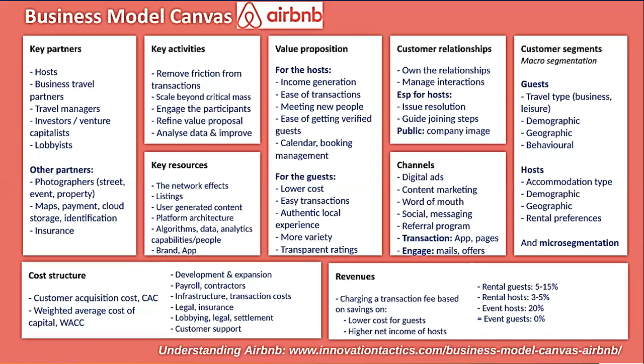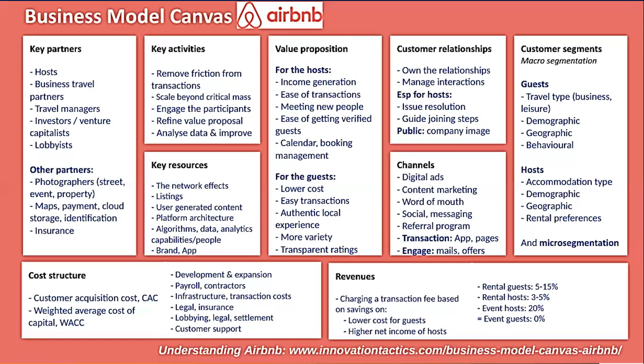If a guest breaks anything, the guest doesn't have to pay. Airbnb covers every single visit through insurance, then guide joining steps, then public company image, all this as required by the host as well as Airbnb are covered.